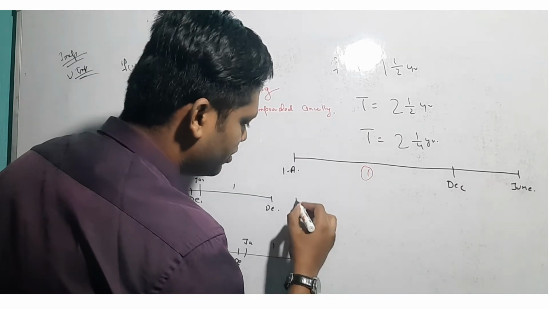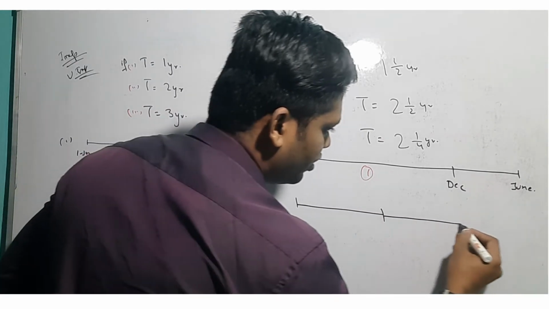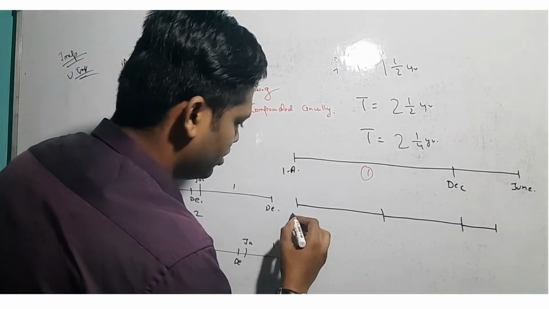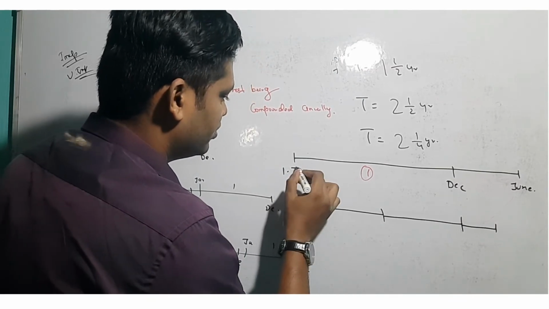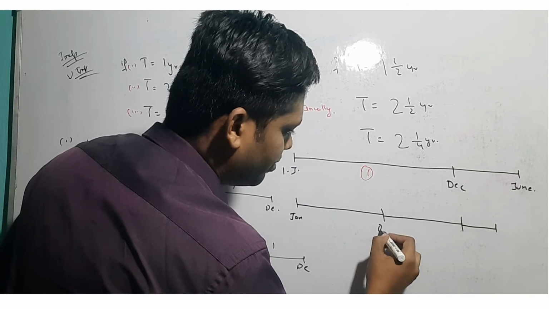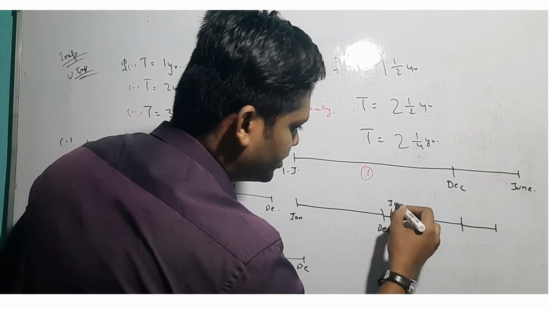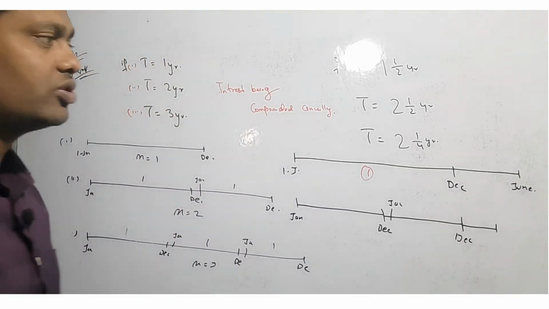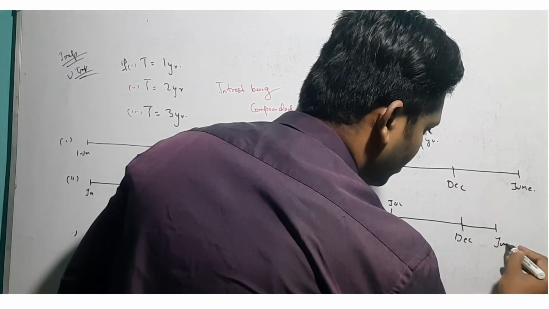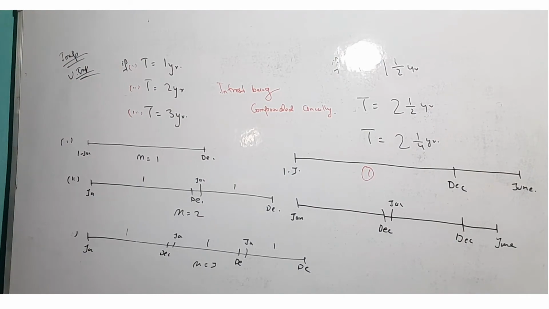2.5 years, right? 1 year here, 2 years here, and half a year. January, see, again April I have written. January to December, January again started, December. Here how much? 6 months, right? 6 months means June.